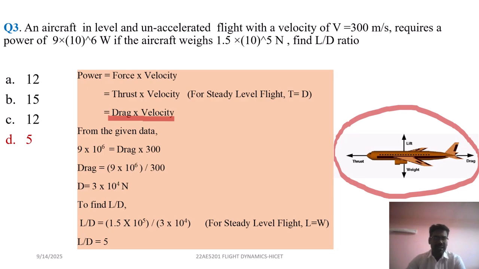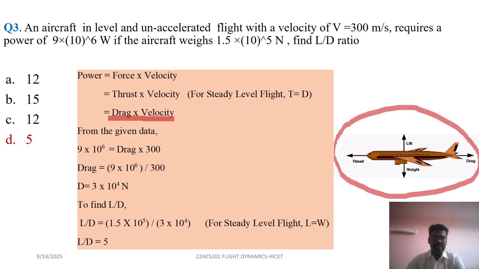From the given data, the power value is 9 into 10 power 6. Then we have to find the drag value. The velocity is again given, that is 300. So drag is equal to 9 into 10 power 6 divided by 300. So the D value is 3 into 10 power 4 Newton. To find the L by D ratio, we need L. Again, for the steady level flight condition, the lift is equal to weight.